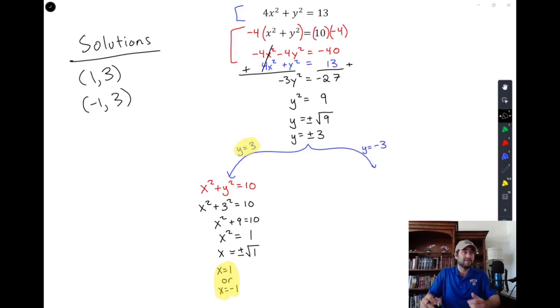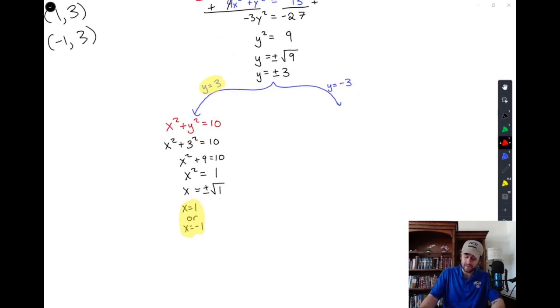Now I need to go to the other side and do the exact same thing with the same red equation, x squared plus y squared equals 10. And you're going to see a pretty similar argument. x squared plus negative 3 squared equals 10, which means x squared plus 9 equals 10, and we're back to where we were just a second ago.